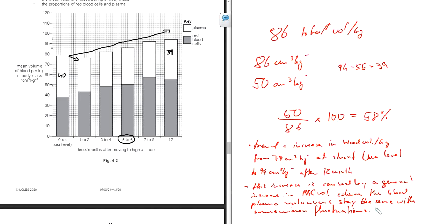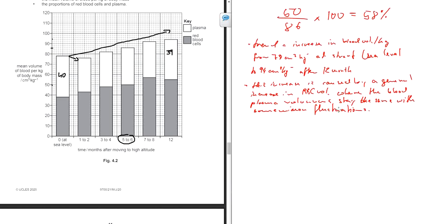Again, for blood plasma, at T0 that was 40 centimeter cube per kilogram of body mass, and at time 12 months it's 39.